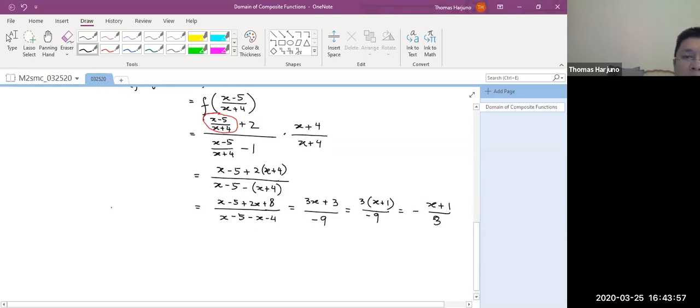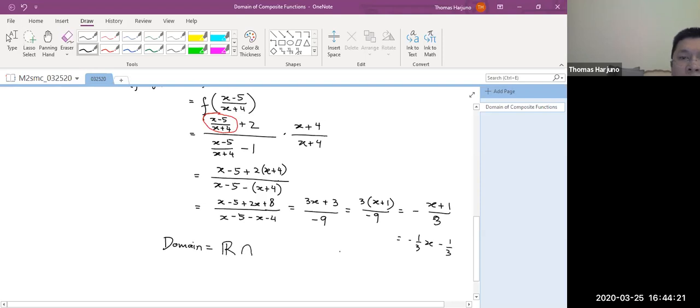Now, the domain of a composite function will be the domain of the final result. In this case, if you notice, this is simply a linear function, right? I can write this as negative 1/3 x minus 1/3, whose domain is all real numbers.